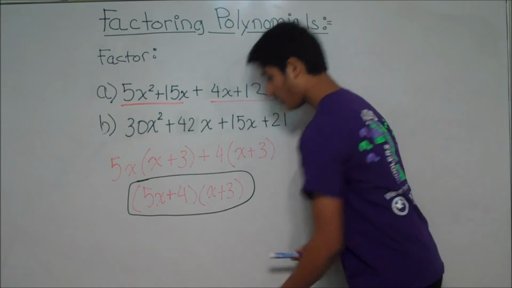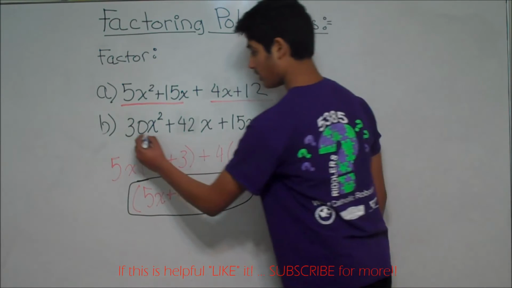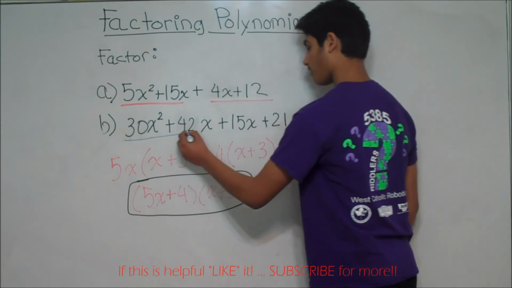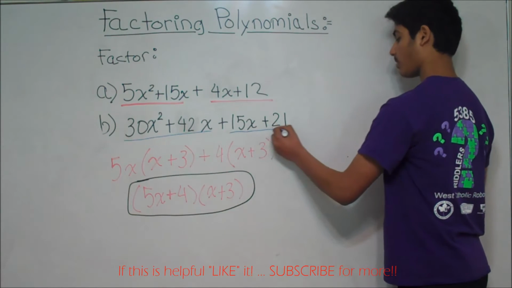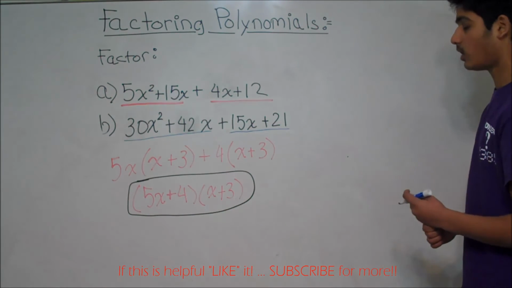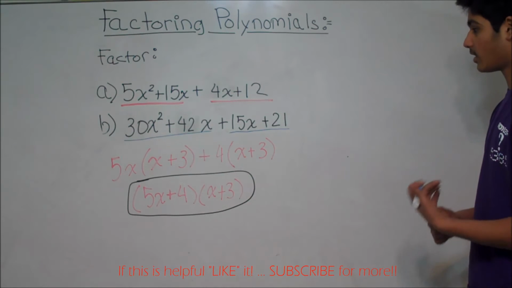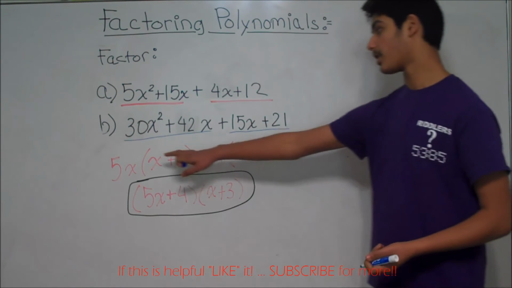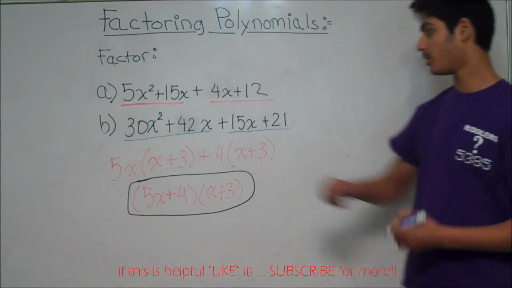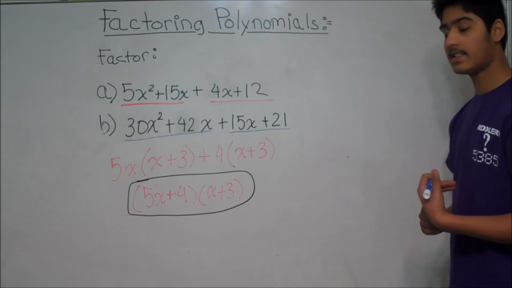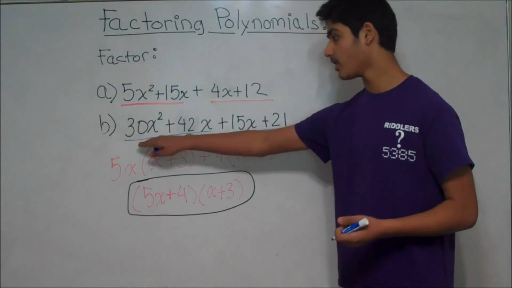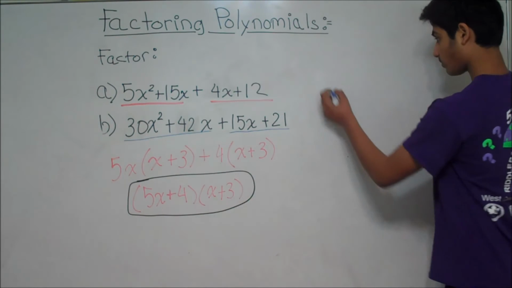In problem B, we have to factor the first two terms, 30x squared plus 42x, and the last two terms, 15x plus 21. So, let's start with the first two terms. The greatest common factor of 30x squared and 42x: 30 and 42 are both divisible by 6, and 6 is the greatest common factor of 30 and 42.